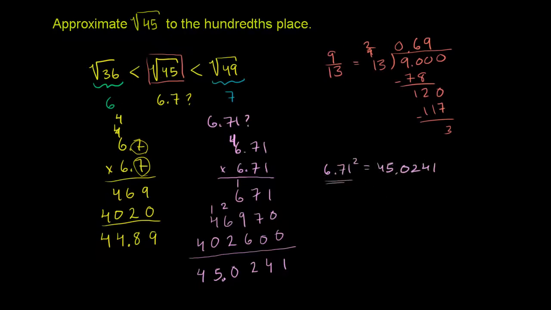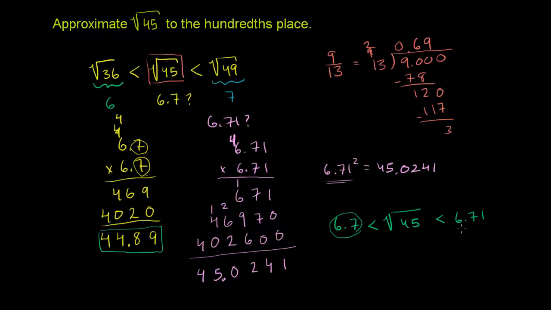So let me make it clear now. We know that 6.7 is less than the square root of 45. And we know that that is less than 6.71, because when we square this, we get something a little bit over 45. But the key here is that 6.7 squared got us 44.89, which is 11 hundredths away from 45.